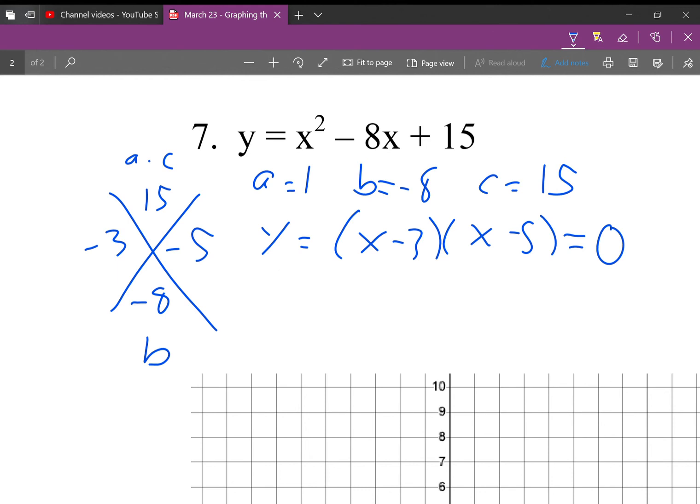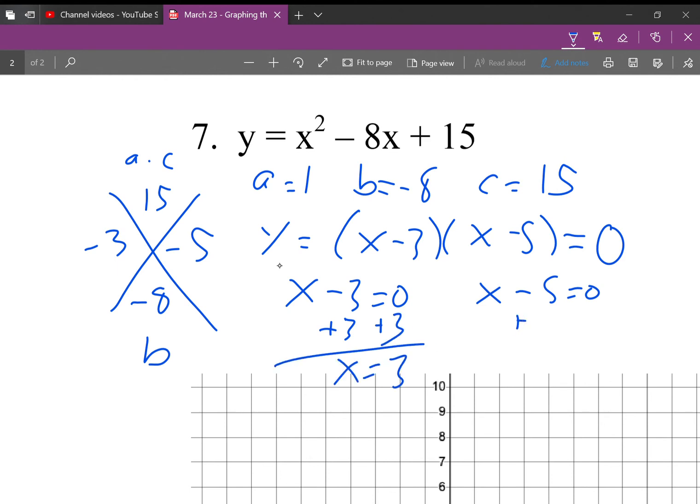Zero product property says that since these 2 things make 0, either the first one, x minus 3, is equal to 0, or the second one, x minus 5, is equal to 0. And just as we saw yesterday, when a is 1, these are all going to be one-step equations. Add 3 to both sides here to get x equals positive 3.